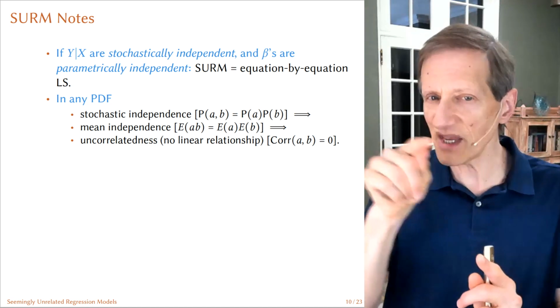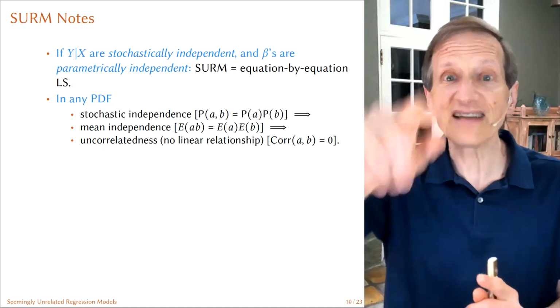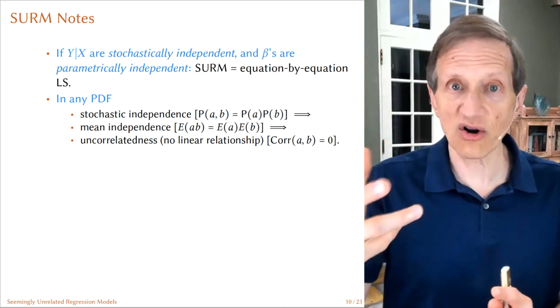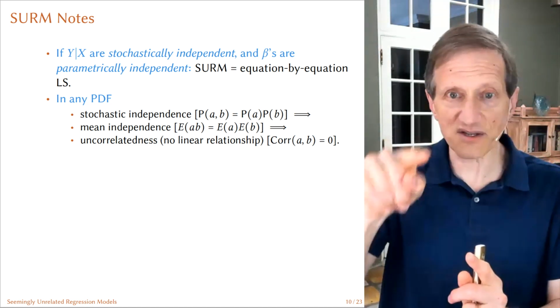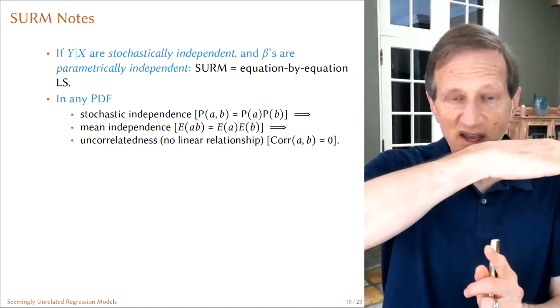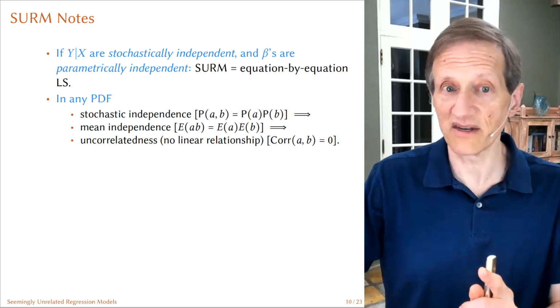If all those means fall in a straight line, that's mean independence. Mean independence is a stronger assumption than uncorrelatedness. Because if the means go like this, then the best linear regression is a flat line. They're uncorrelated, but they're not mean independent.